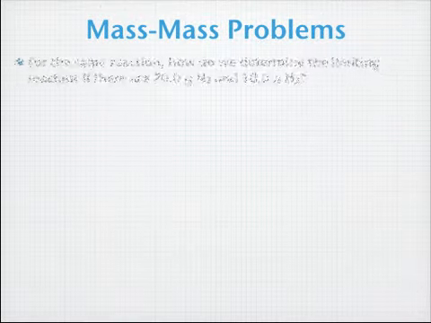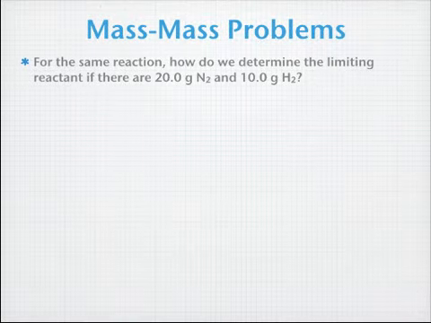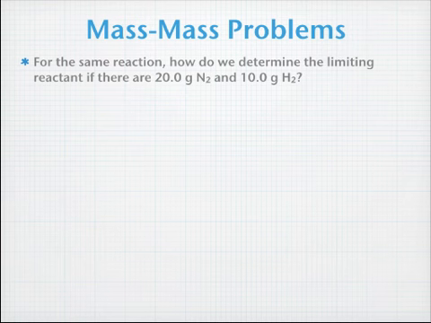Let's look at a mass-mass problem, because most of the time we are going to be given mass instead of moles. Don't always assume that the smallest number is going to be the limiting reactant, because it all depends on both the molar mass and the molar ratio.